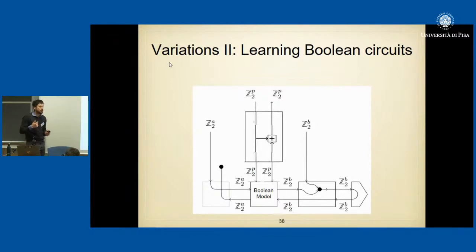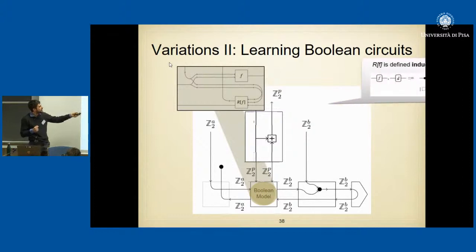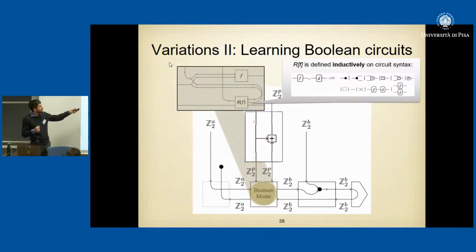Does it make sense to learn Boolean circuits? You notice that we're using basic gradient descent. Everything else looks the same. The only difference is we are taking a Boolean circuit as a model. The values flowing are now Boolean values. And another interesting aspect is that for the model here, we actually have a description of our F in terms of a circuit syntax that is given to us.